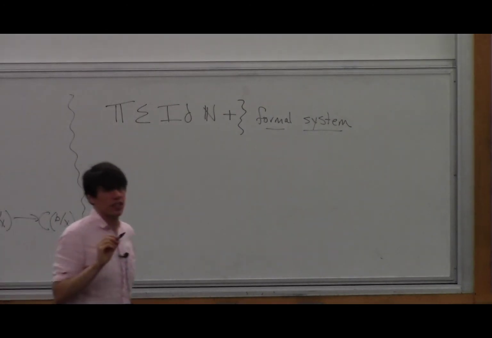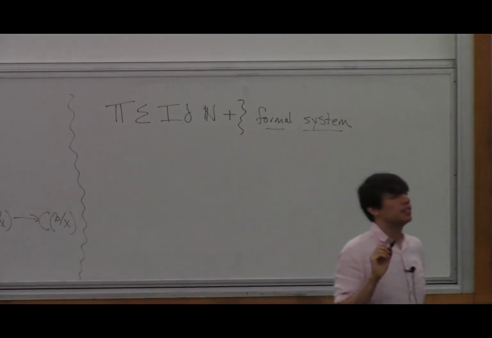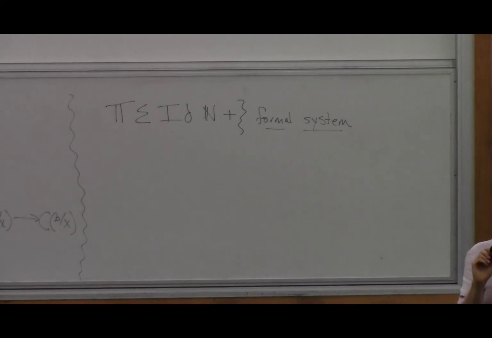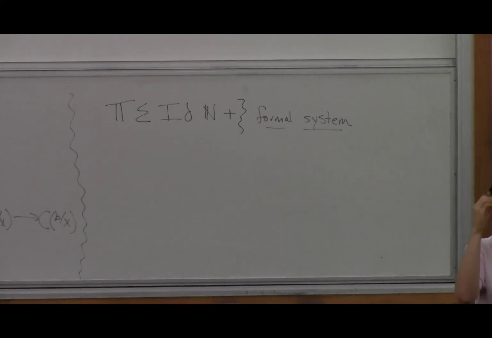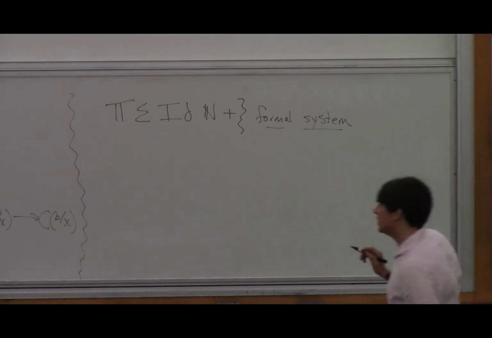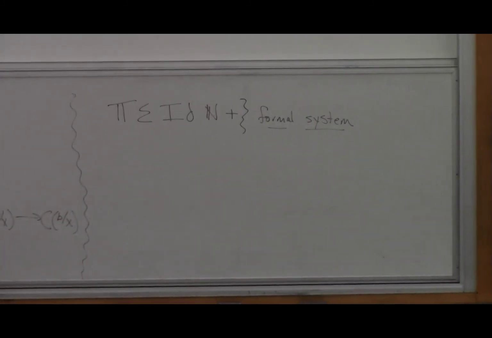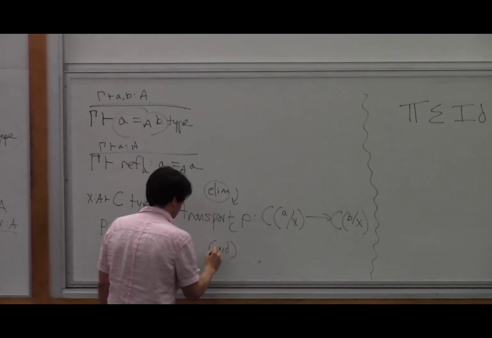We can do it this afternoon. Yeah, and transport's the elim. We don't yet, but we could define that too. Yeah. So like transport, and then you want to make that into an induction principle.